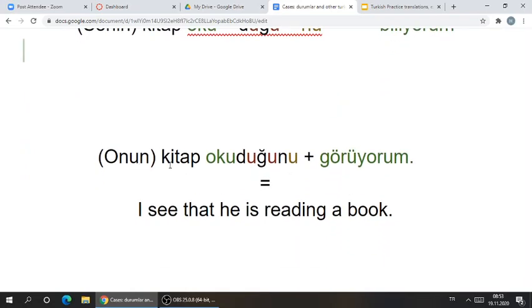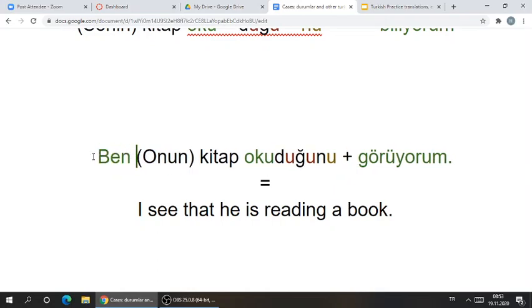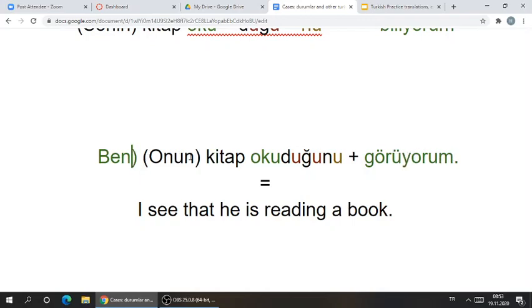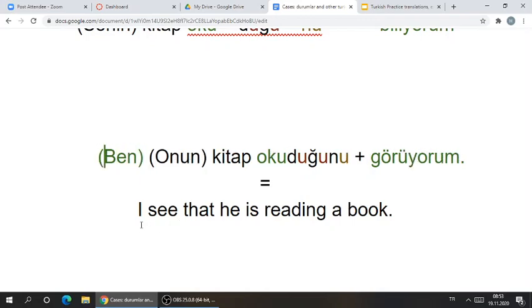Down here, I see that he is reading a book. We start from the end and translate towards the beginning, right? And you could also have a ben here if you really want it. And we'll put that in parentheses to show that it is optional. Both of these are optional, right?